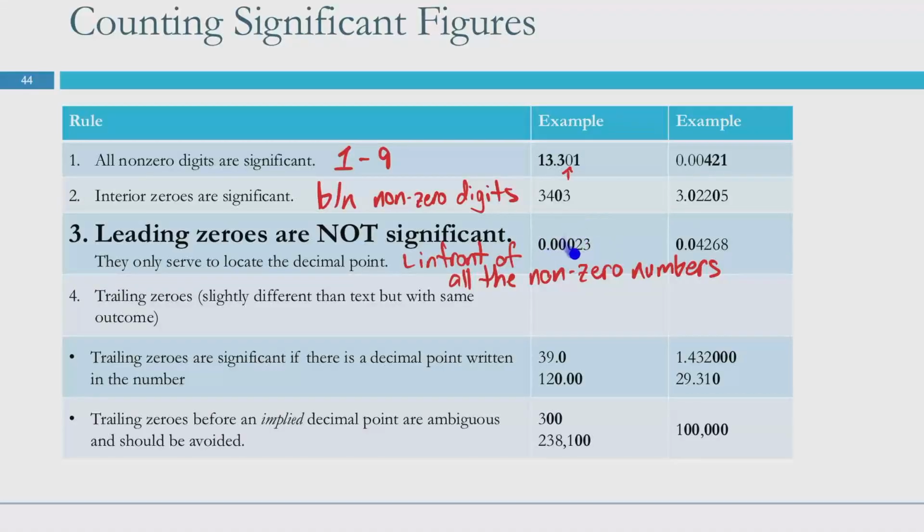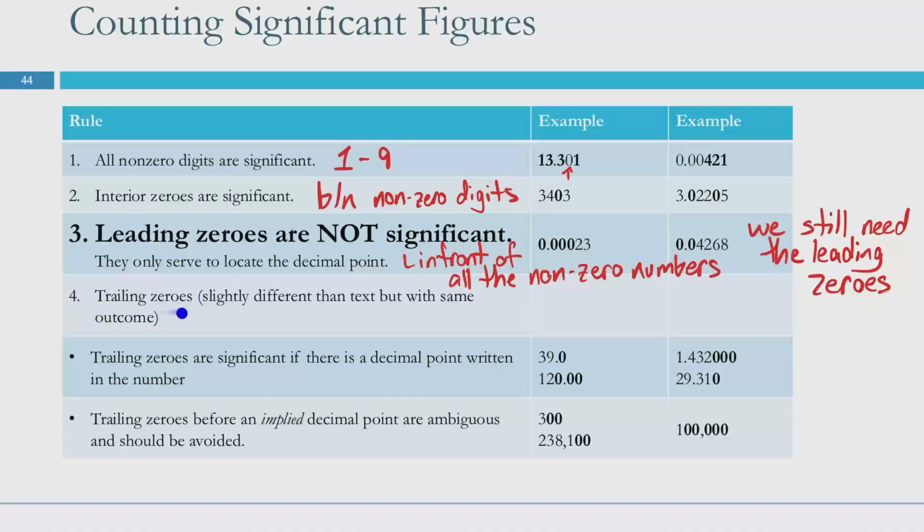If we get rid of these zeros and we just write this as 2.3 or 23, that's not the same number, right? 0.00023 is very different from 2.3 or 23. So we still have to write them. It's just that they don't contribute to our measurement, our significant figures. Same for our other example. So if we have leading zeros, we still need the leading zeros. It's just that they're not considered significant.